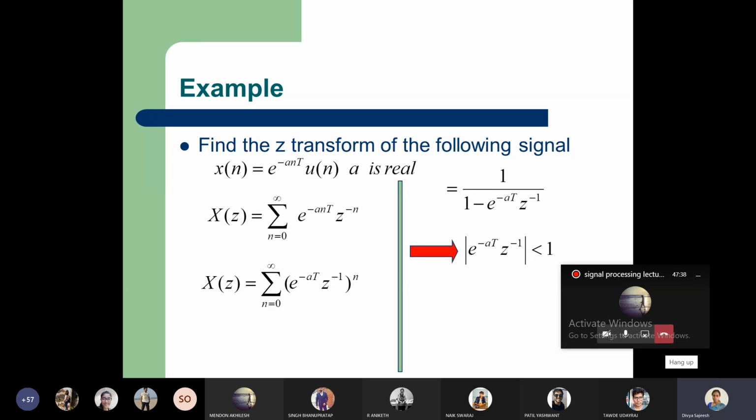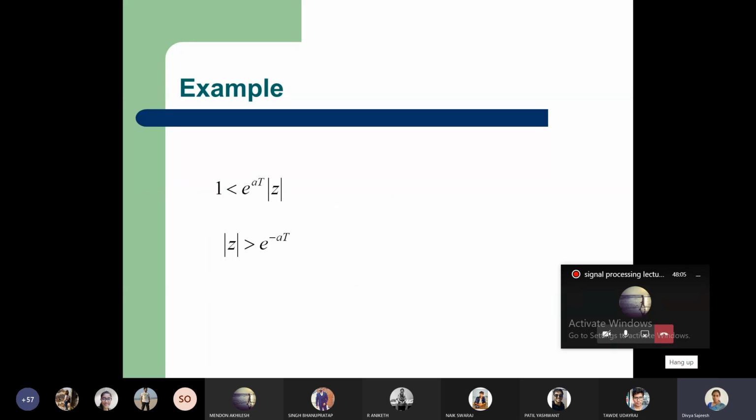Now the region of convergence for that signal will be that 1 upon e raised to at into z should be less than 1, because it was e raised to minus at z inverse. That can be written as e raised to at should be greater than 1. The z value should be greater than e raised to minus a.